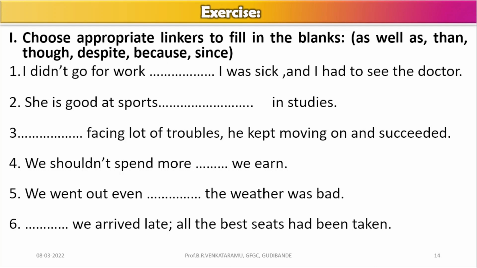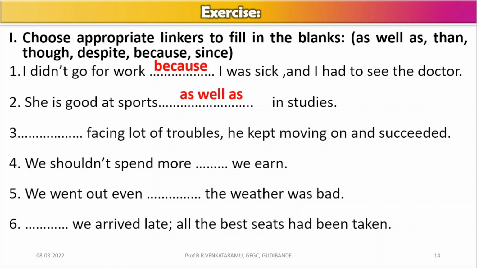The first sentence is, I don't go for work, blank, I was sick and I had to see the doctor. For this one, the most appropriate linker is because. The second sentence is, she is good at sports, blank, in studies. For this sentence, you can fill in the words as well as. This is going to be a perfect match for this blank.